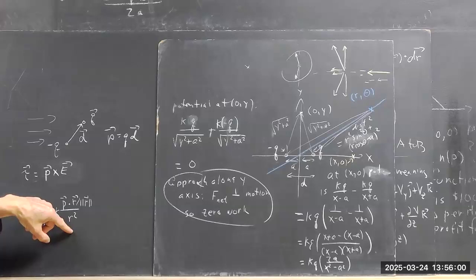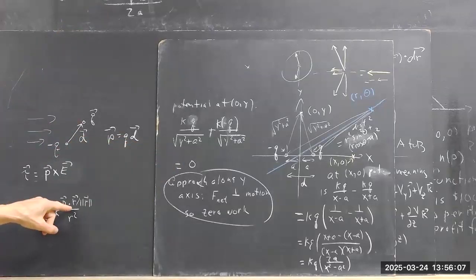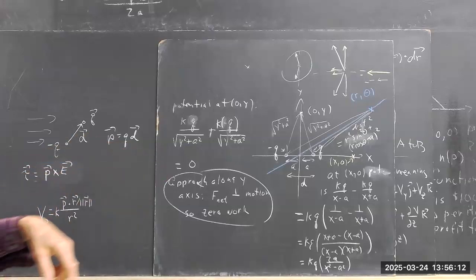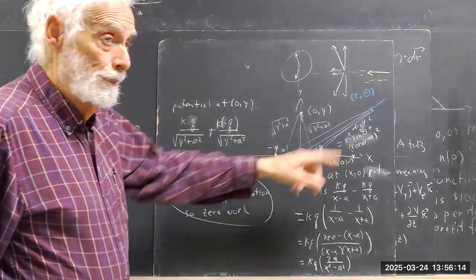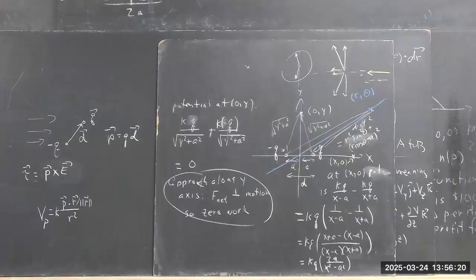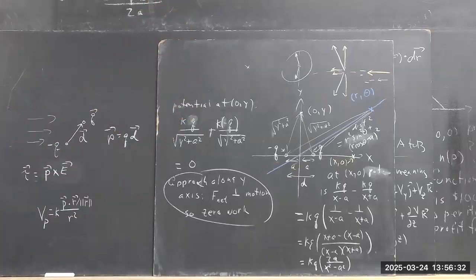Then it's an inverse square. But the direction matters. If we're in the direction perpendicular to the dipole, the dot product is going to be zero. If we're parallel to the dipole, it'll be maximized. And if it's at an angle theta, then you just multiply the product by cosine theta. But you get a vector. Oh, yeah, I'm sorry, you don't get a vector. It's just a dot product, and that's your potential at whatever point P. Does all that make sense?